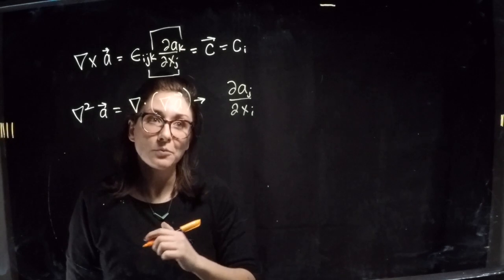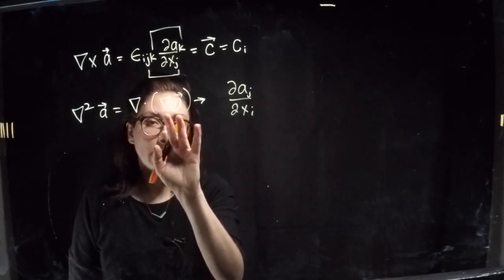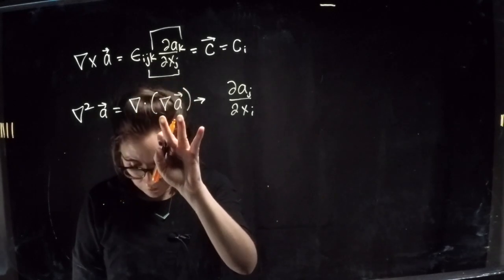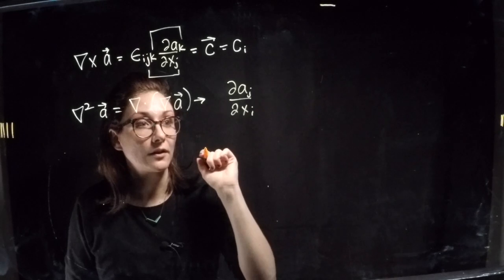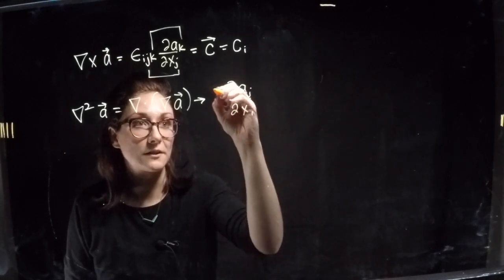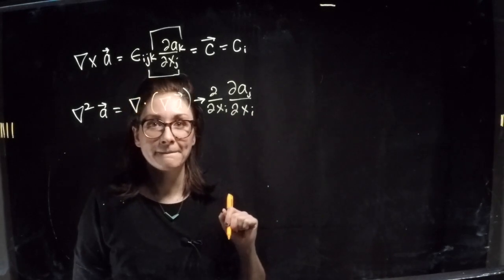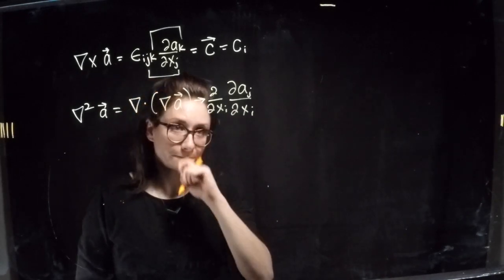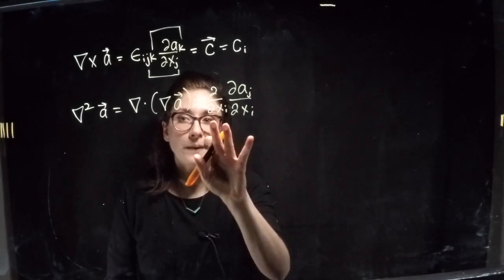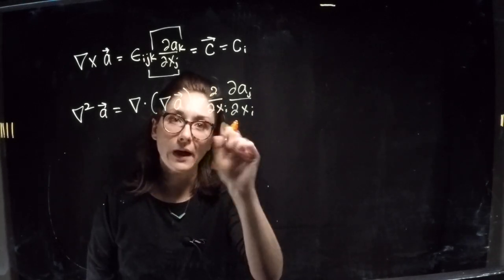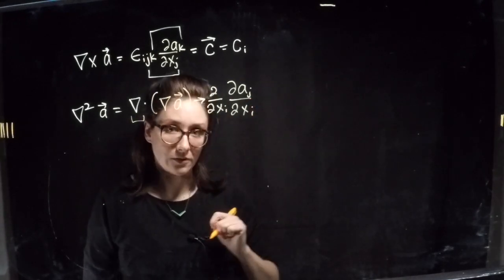And then we're doing a dot product, so this vector has to have the same index as our first index here. So I've got partial xi. And you might be thinking, well, how do I know I give this operator an i instead of a j?